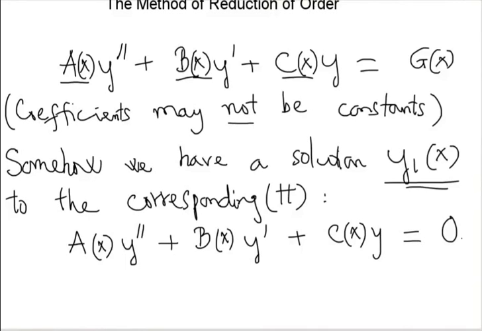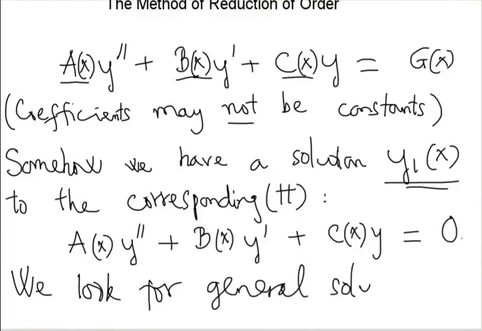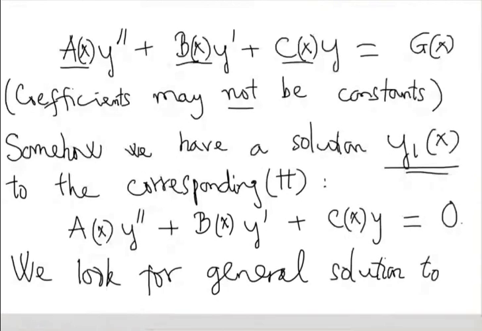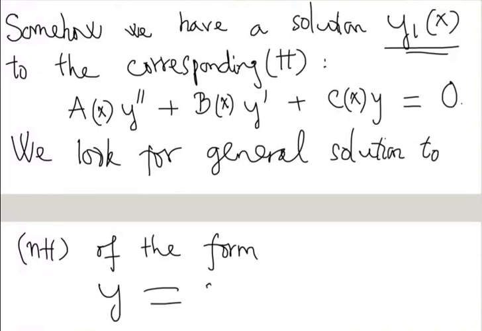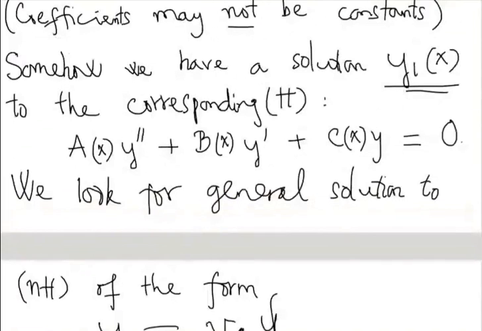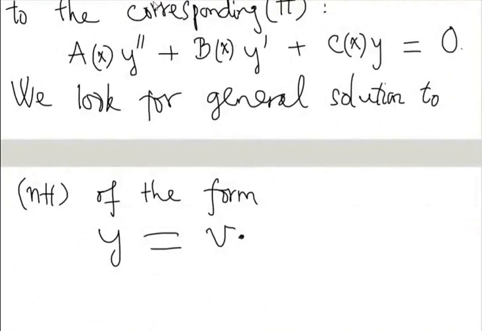So the method of reduction of order is as follows. We look for a general solution to the non-homogeneous equation as well, of the form y = v times y1, where v is a new unknown.